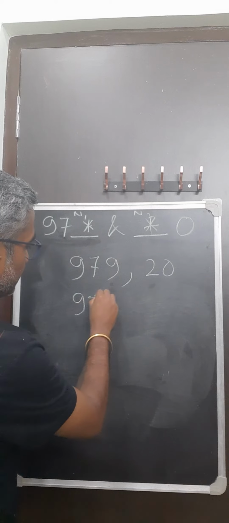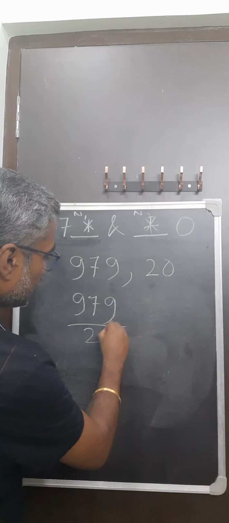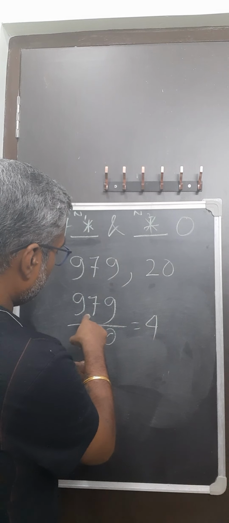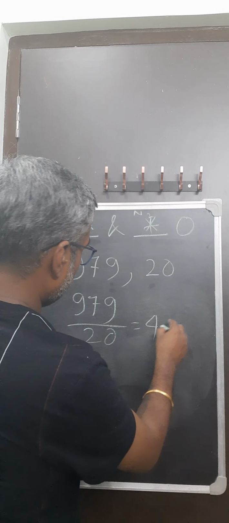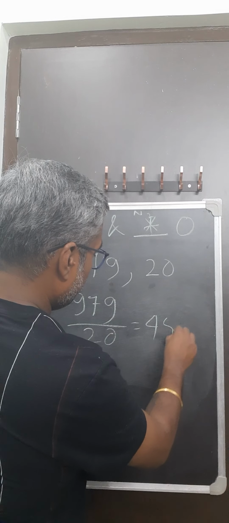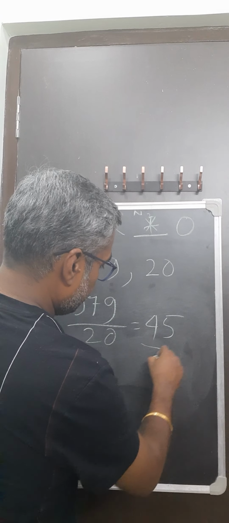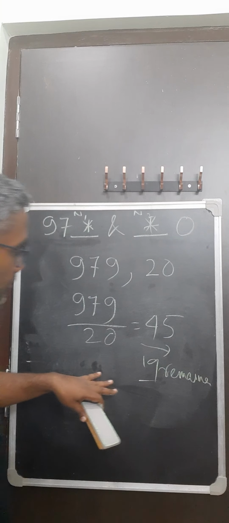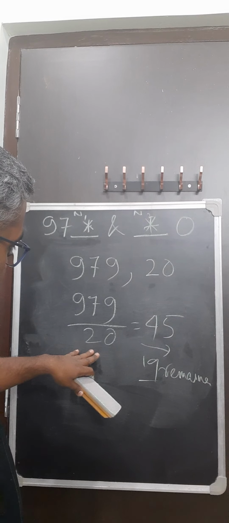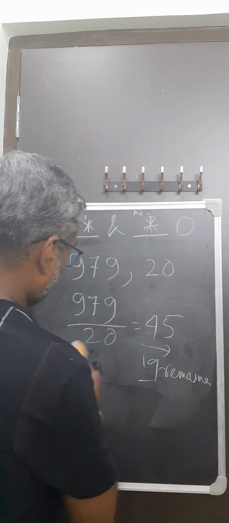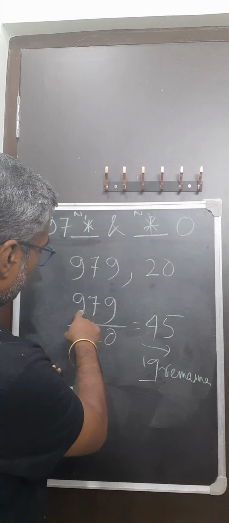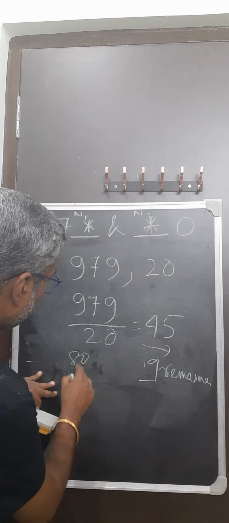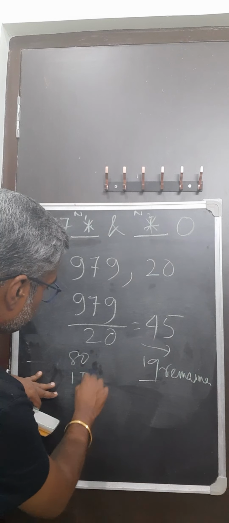So if I divide it by 20, 4 times 80, that means 179.